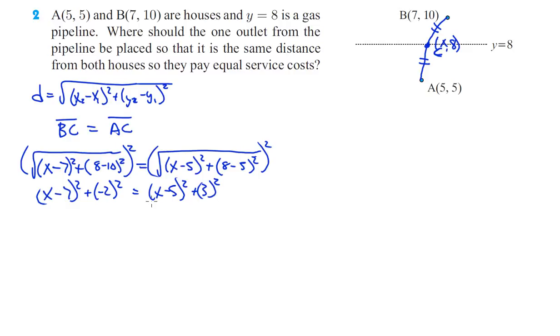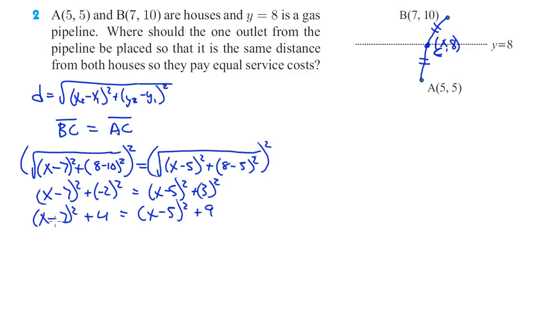I'm going to leave these two alone for now. So I'm just going to leave that as x minus 7 squared plus 4 equals x minus 5 squared plus 9. All right? So now we really do need to multiply these out.